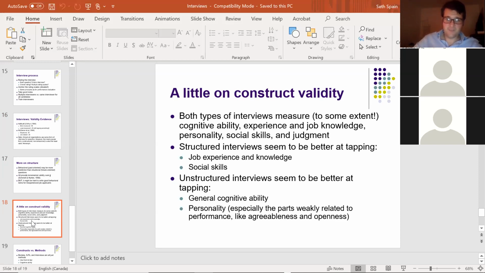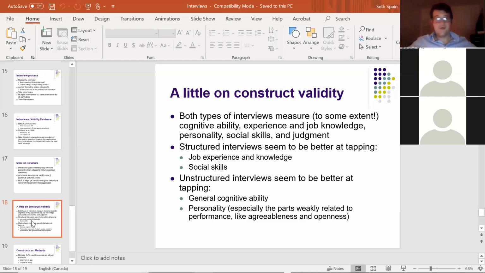Unstructured interviews, on the other hand, you get a big dose of cognitive ability. So if you're not measuring it, an unstructured interview is giving you a proxy. It's not a good measure of cognitive ability, but a person's responses in an interview are highly shaped by how capable they are cognitively. And you also tend to get a lot of personality, but the parts that tend to be pretty weakly related to performance. Agreeableness comes through in an interview. A person who's highly agreeable, it's going to be nice to talk to them.